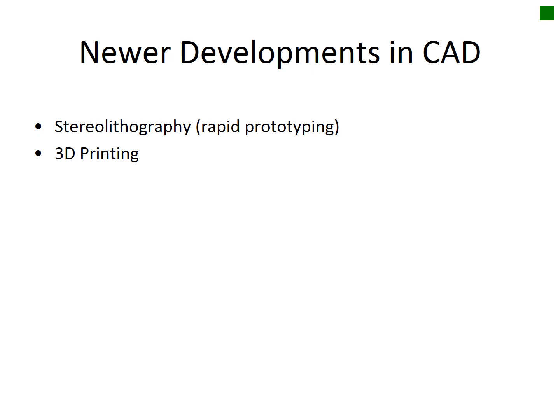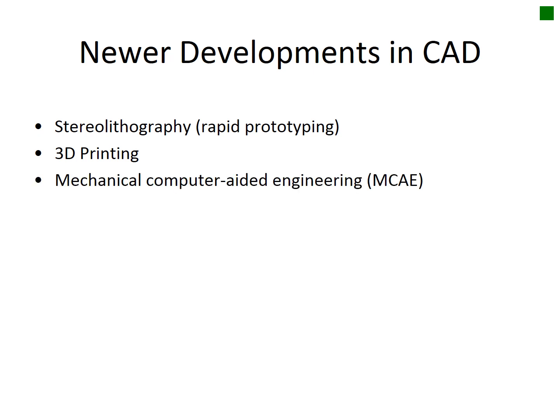And also the other big aspect of 3D printing, not only is the quality improving a heck of a lot, but also the materials that can be used in 3D printing are expanding as well. So that's certainly a good thing.